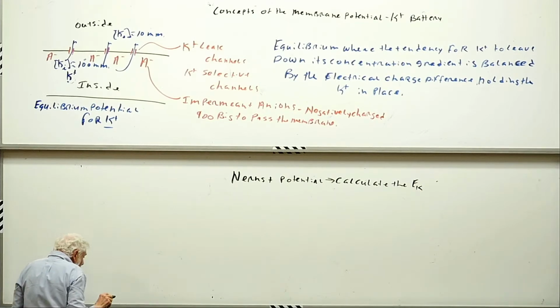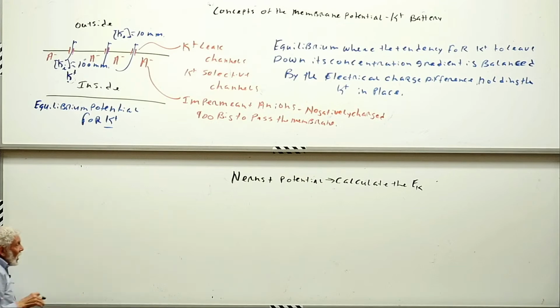This is an equation that was worked out in the late 19th century. And if you get down into the physical chemistry of it, if you're a chemistry major, this is all based on the Boltzmann equations, which come out of statistical mechanics. We're not going to get into that.